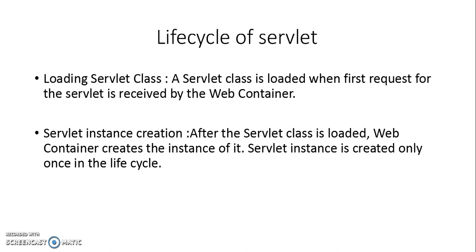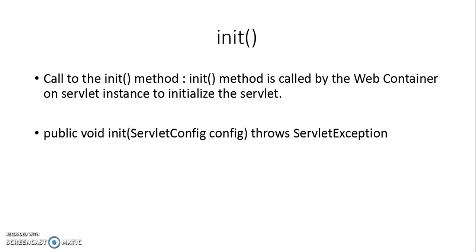An object for that servlet is created, and these are done only once in the life cycle of a servlet. Then the initialize method is called by the web container on the servlet instance. It is just used to initialize our servlet.